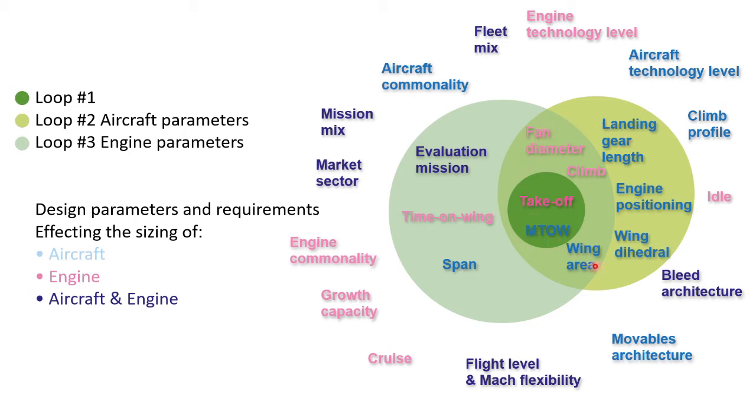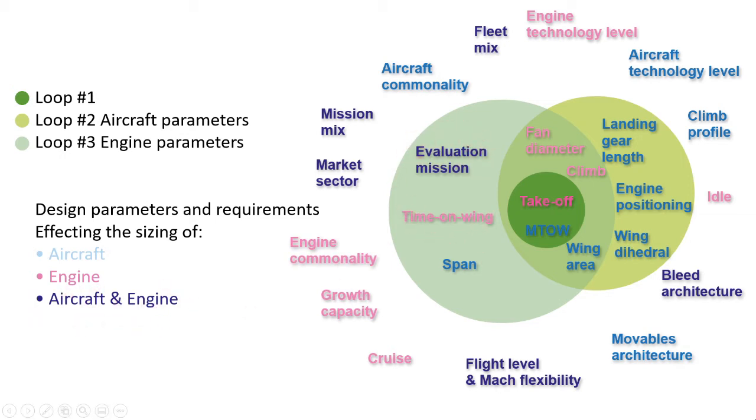The loop number 2, which is represented by the olive green color, builds on the parameters of loop 1 with adding more parameters and variables like fan diameter and climb for the engine and landing gear length, engine positioning, wing dihedral, wing area for the aircraft. Finally, the loop number 3 is completed with the addition of parameters like time on wing, span, and mission evaluation, which is a parameter for aircraft and engine represented by the deep blue color.